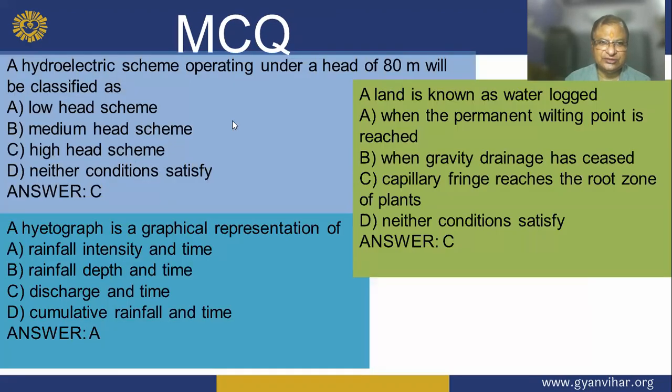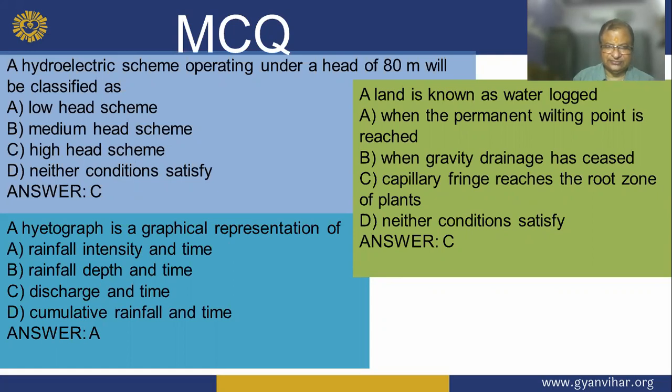And next question. A hydroelectric scheme operating under a head of 80 meters is to be classified as, so the correct answer is C, high head scheme.